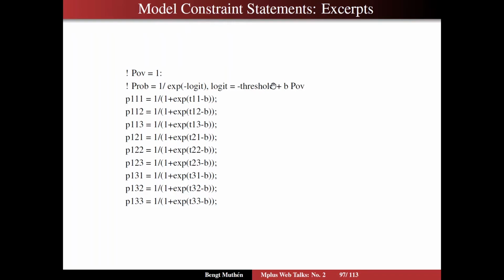The logit is the threshold plus the slope b that we labeled before times poverty. And since the logit should be negative inside here, you have the positive threshold minus the slope b, and b times poverty equals 1 in this case. So here you have the probabilities for the first row in the transition table, for the second row, and for the third row, the first index pointing to poverty equals 1 as opposed to 0.